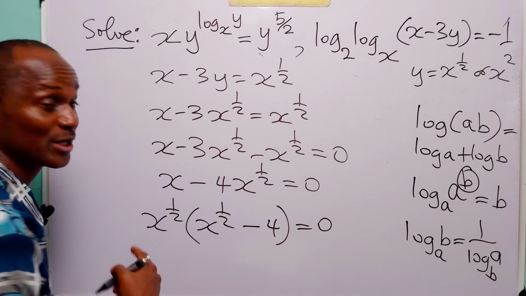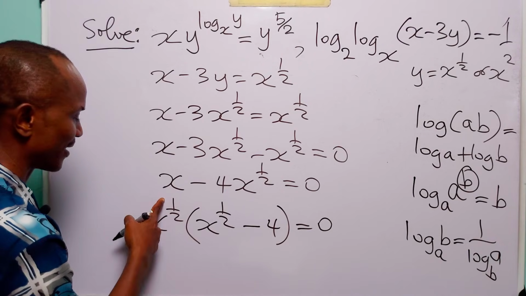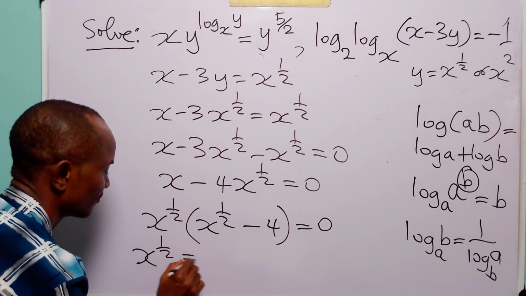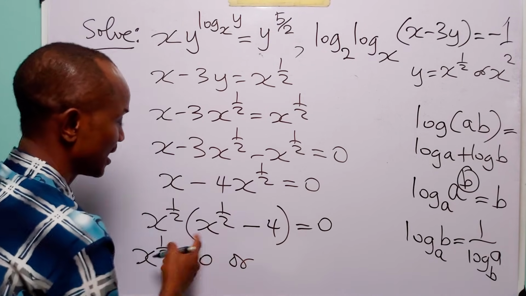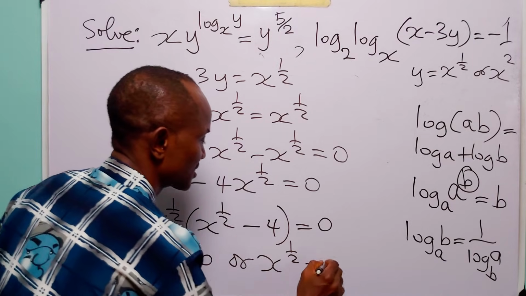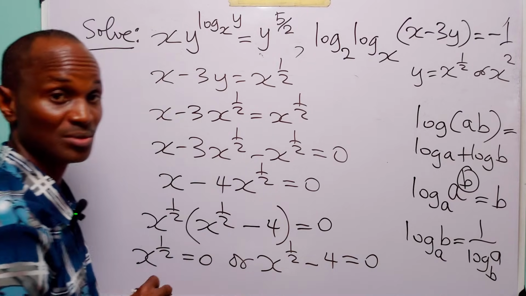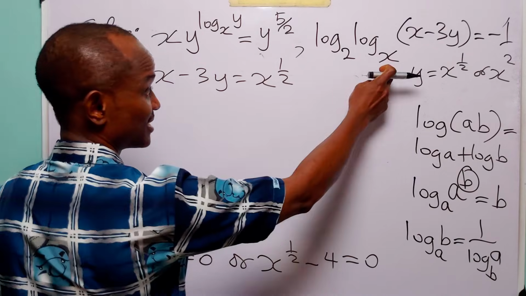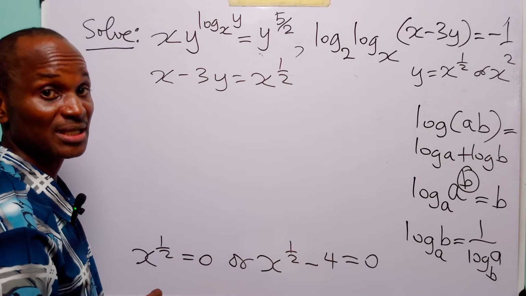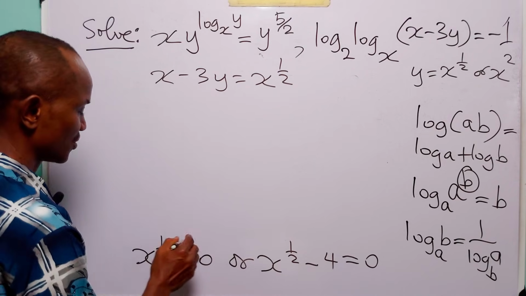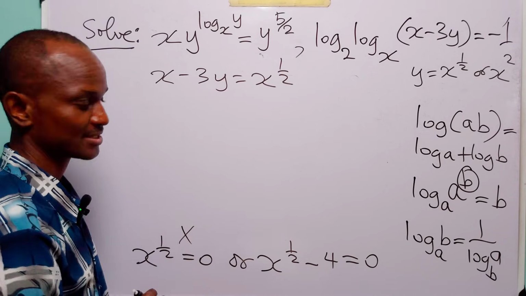Now from this line, we know that either x to the power half is equal to 0 or x to the power half minus 4 is equal to 0. And of course, since x is the base of a logarithm, it must be a positive non-zero real number. So this answer is not acceptable.